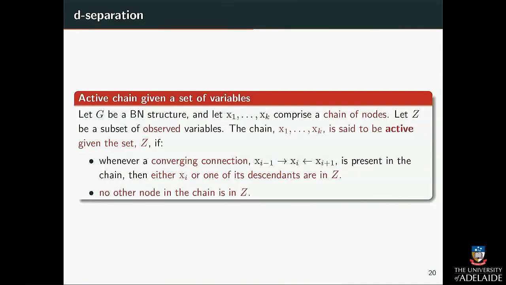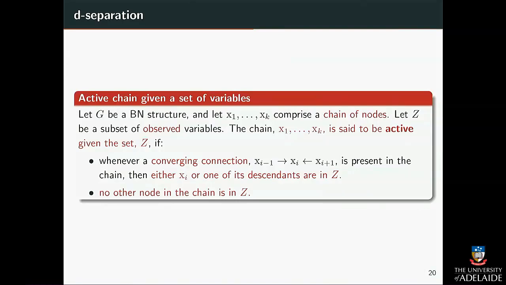And for this, we have to give yet another definition. So we define an active chain given a certain set of variables as follows. Let's say that we have a bunch of random variables in the set Z, and those are instantiated. We know what they are. And let's consider a certain chain, right? These may have had directed links, but we made them all undirected. So that's a chain.